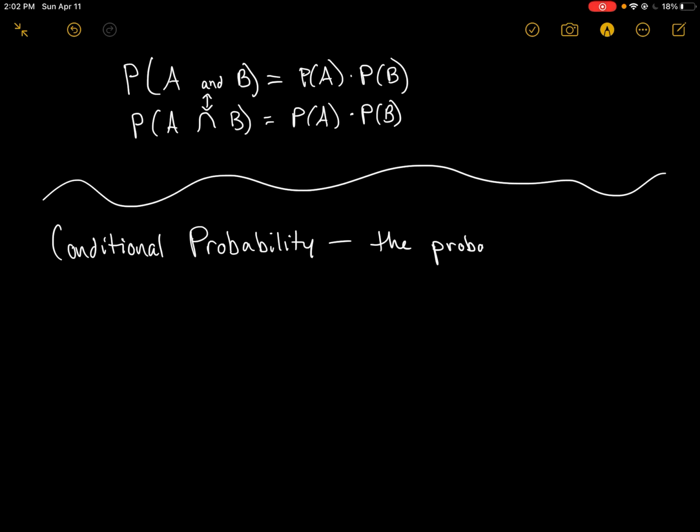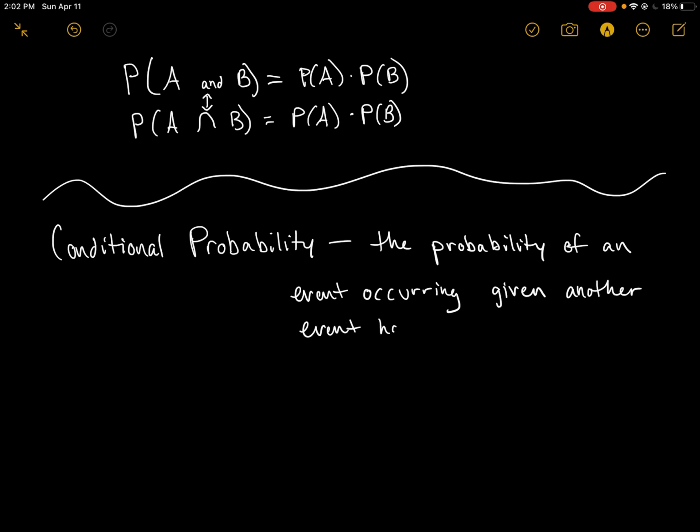For our second video, we're going to be taking a look at conditional probability. Conditional probability is the probability of an event occurring given another event has already occurred.